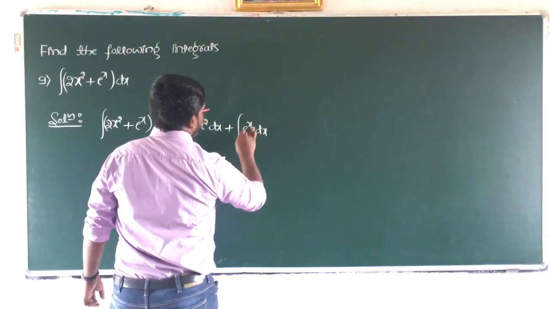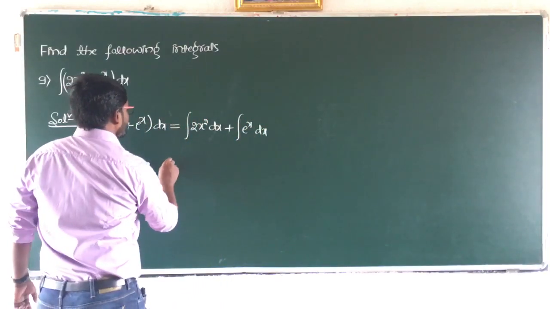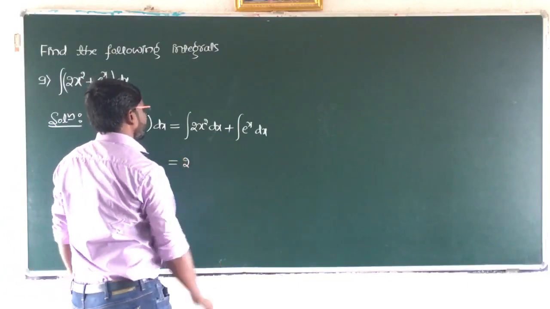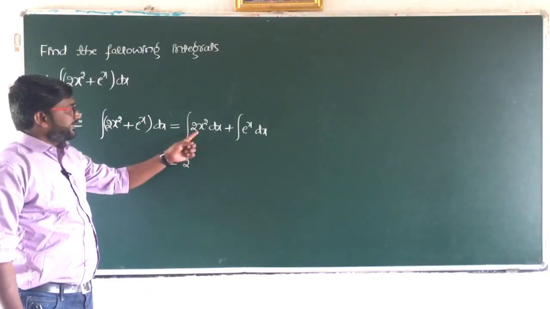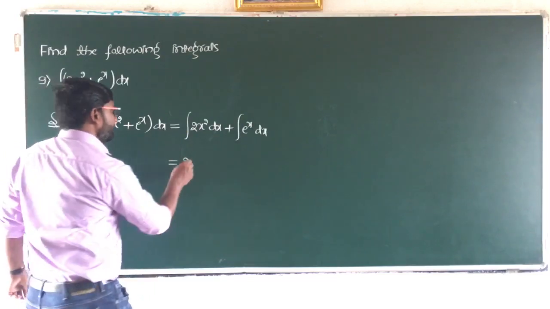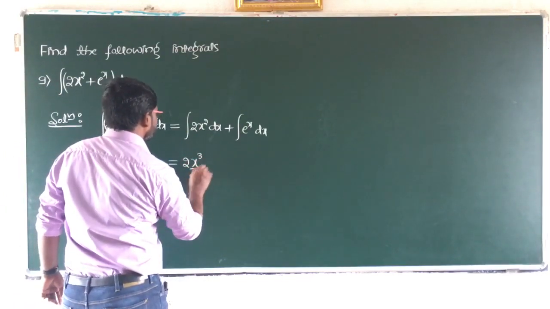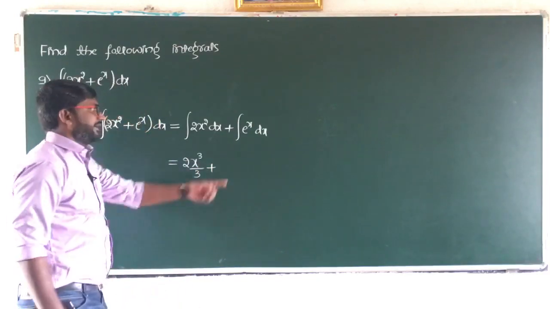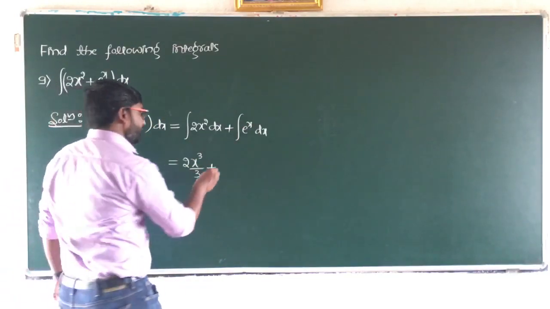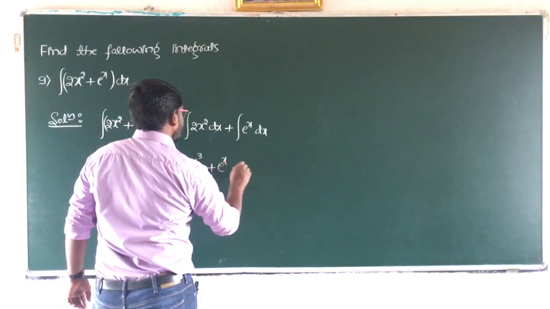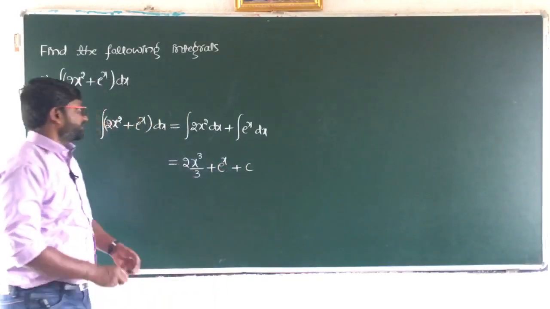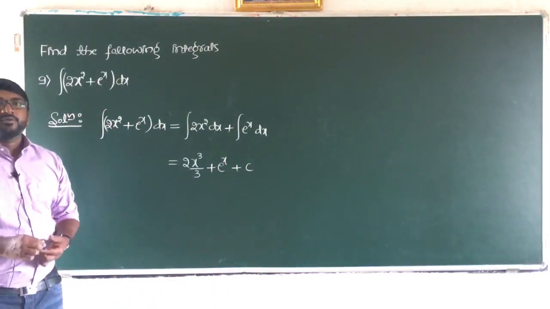Now here 2 is a constant, I write it as it is. Then integral of x square dx will be x to the power 3 divided by 3, plus integration of e raised to x, it is e power x itself, plus c at the end. So this is all about the 9th problem.